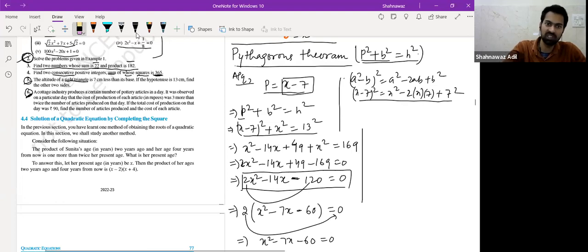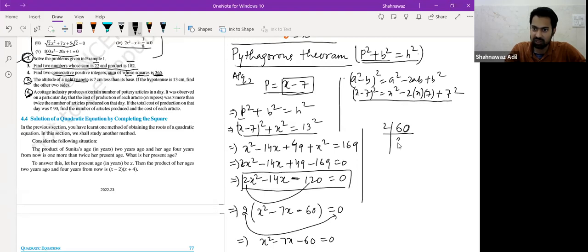Now we have to just take the factor of what? We are doing the middle term splitting. So what is the factor that we have to take? 60, and we can break 60 as 30, 15, 3, and 5.